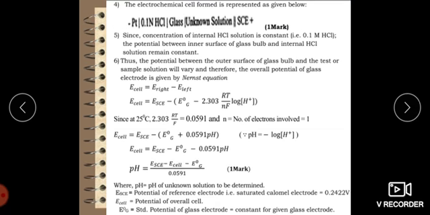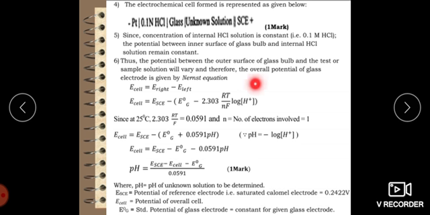The EMF of the right hand side electrode minus the EMF of the left hand side electrode. In this case, we get the equation for E cell, the electrode potential of the total cell, as E SC minus this term.